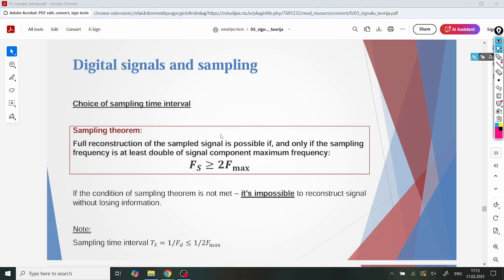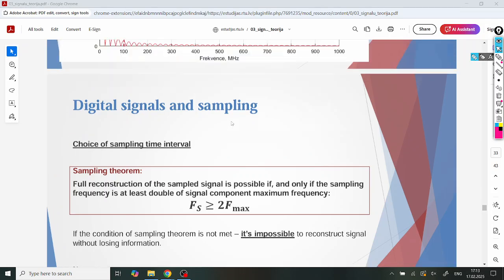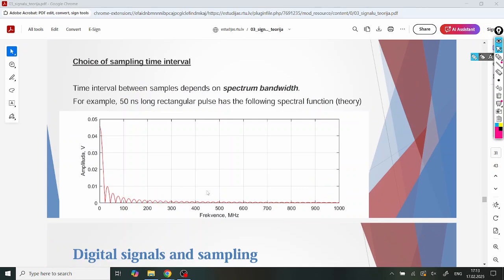So as we know, theoretically, our rectangular shaped pulse has an infinite amount of components, but they also, as you can see from this picture, become less and less significant. So at this point we can say, okay, we will consider maybe 100 megahertz where it still matters, and after this point, honestly, their total contribution is just too small.